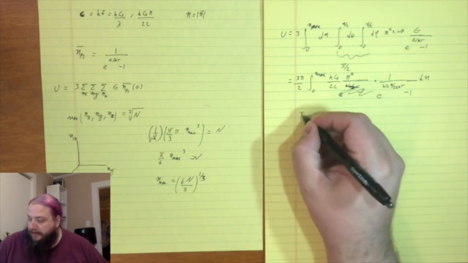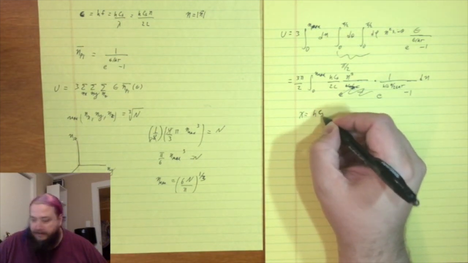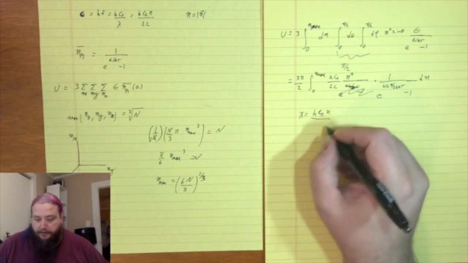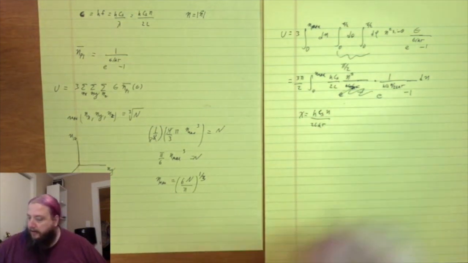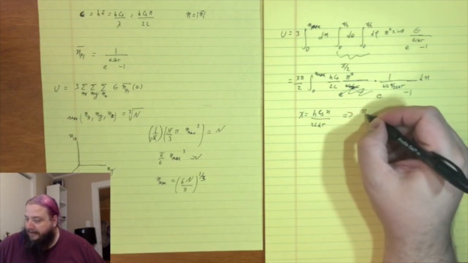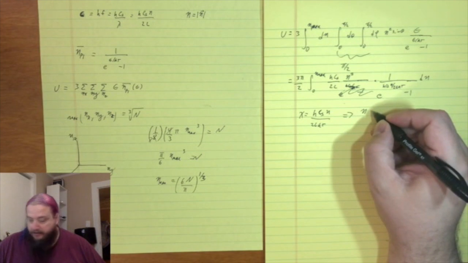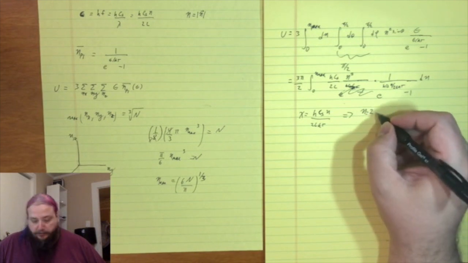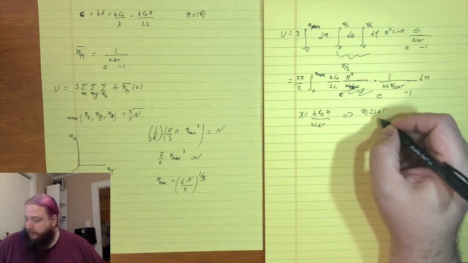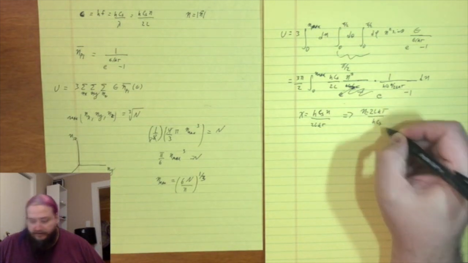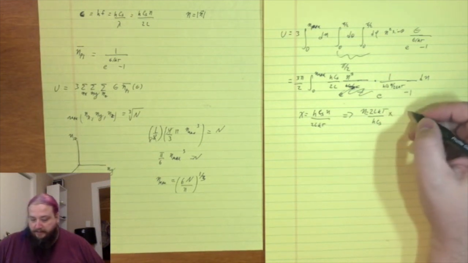So our x has to be Planck's constant times the sound speed n over 2L kT, which means that our n then is equal to 2L kT over Planck's constant times the sound speed times x.